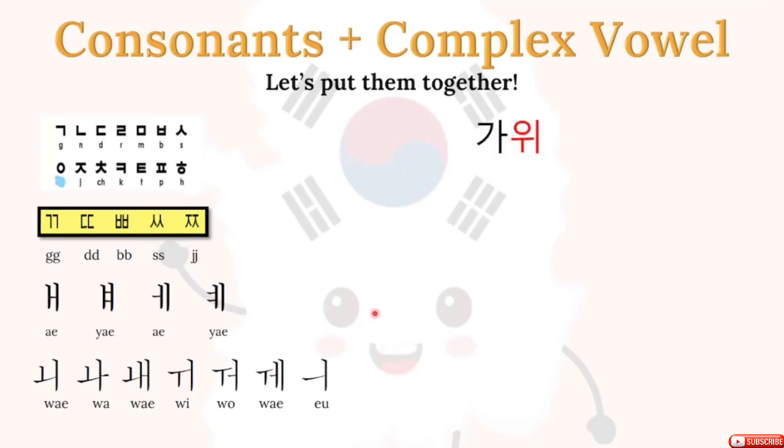The first one, 가위, 가 and 위. As I've said, the circle one has no sound, so just 위 itself, 가위, 가위.